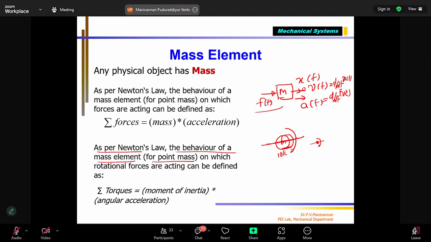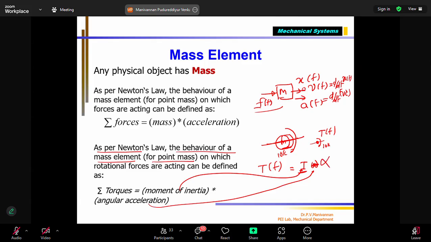If you give a torque, a rotational force, instead of a linear force, then the rotational torque is nothing but I into alpha, where I is the moment of inertia. Sorry, it should be alpha, not omega. Omega is angular velocity, alpha is angular acceleration.